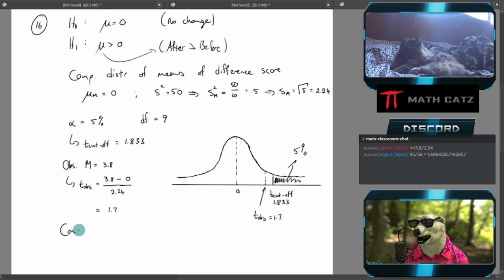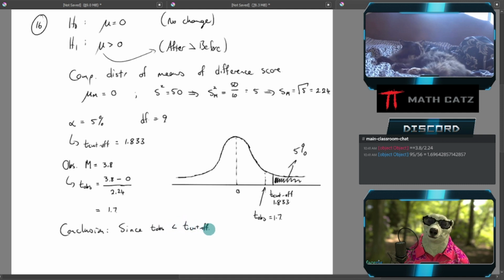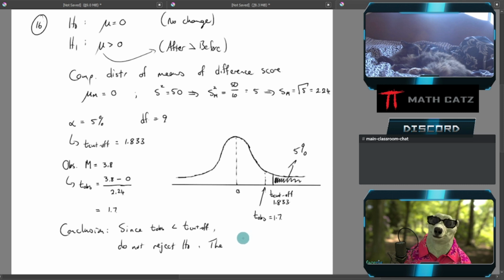So, conclusion. Since our observed t-score is less than the cutoff to reject, we do not reject the null hypothesis. We can say a little more now. We don't have all the words because the story isn't really told for us here.